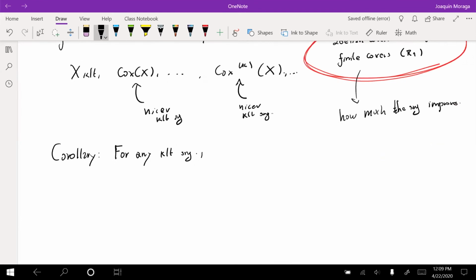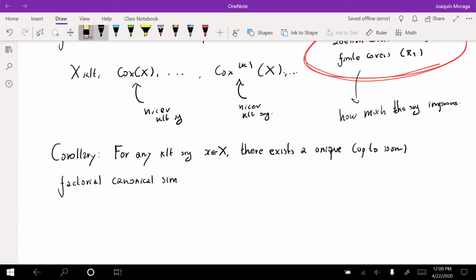For any klt singularity x in X, there exists a unique up to isomorphism, let me remember, this has a lot of words: factorial, canonical, simply connected, or locally simply connected singularity Y. Here it means that the local fundamental group is trivial, so pi1 of Y smooth, or pi1 at Y, is trivial.